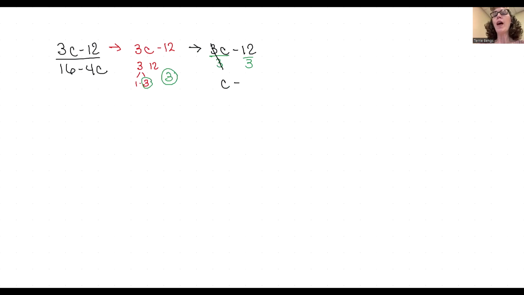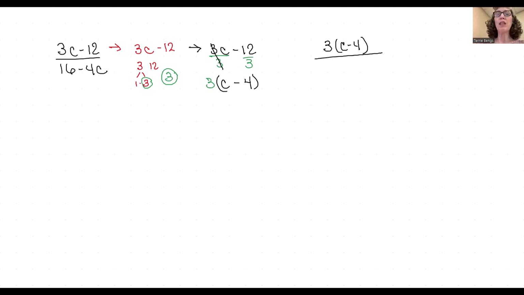Then remember, you have to put parentheses around it, and whatever your greatest common factor was, ours was a 3, you put it right in front of your parentheses. That is going to be the top part of our expression, so we're just going to move it up here to the top. So we have 3 times (c minus 4). All right, so that's the top completely factored.